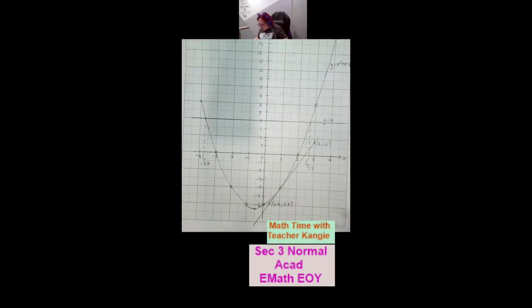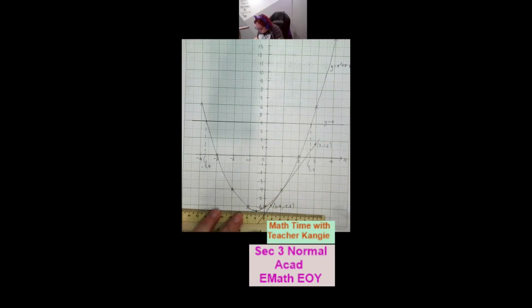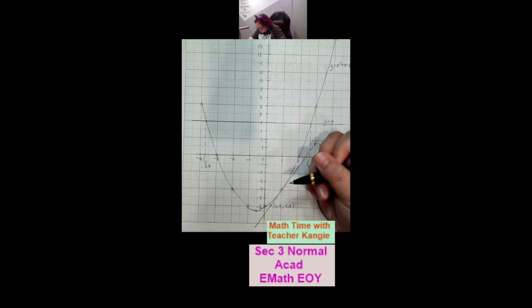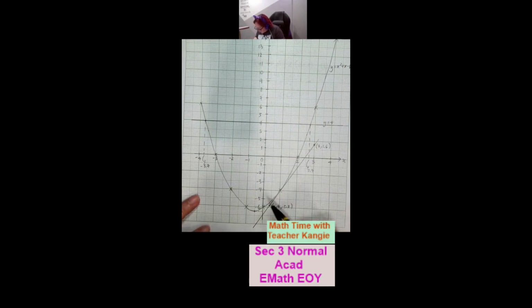I'm going to just move it to the right to see what's the value. So this is minus 6.2, 6.4. It's a bit in between, so I'm going to write it as minus 6.5.